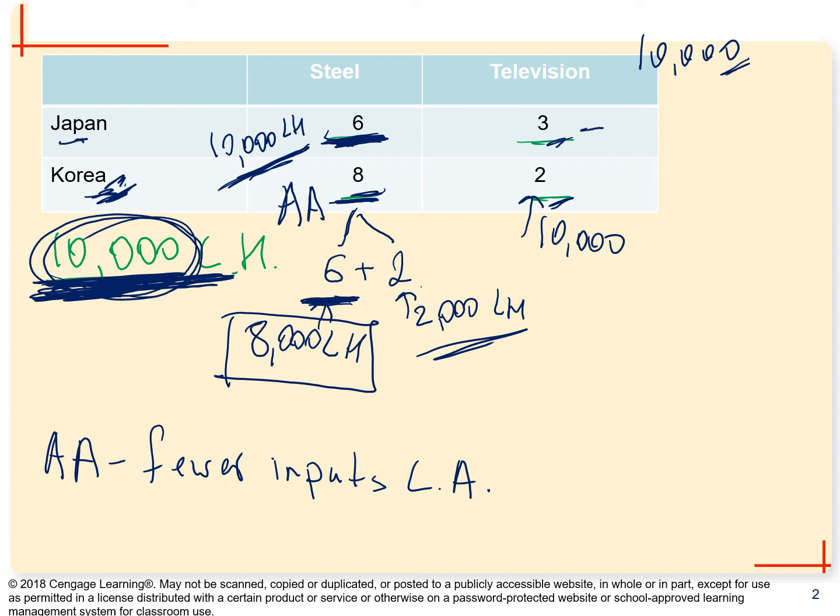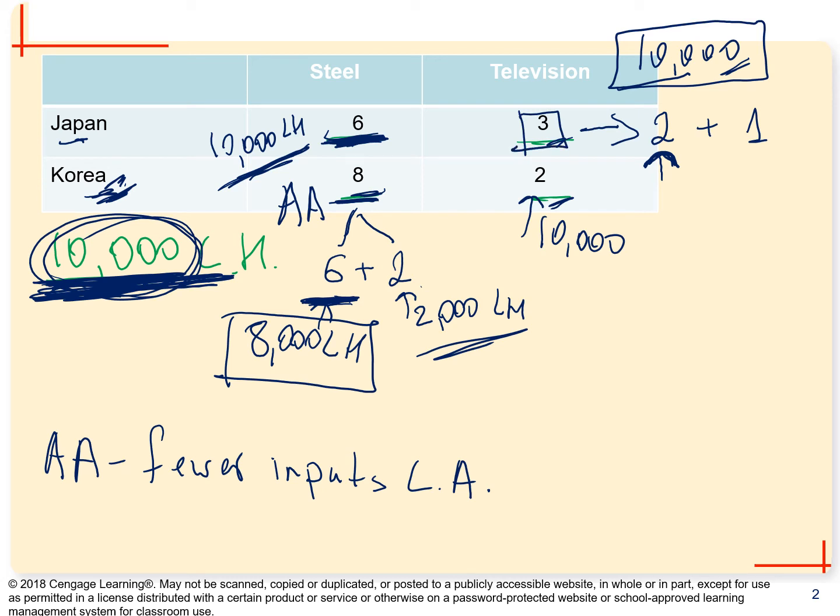Japan, I'm going to take these 3 TVs that Japan produced and say it's producing 2 plus 1, 3 altogether. Is Japan going to spend all 10,000 hours on these 2 TVs? And the answer is no. Japan altogether working 10,000 labor hours and producing 3 TVs.